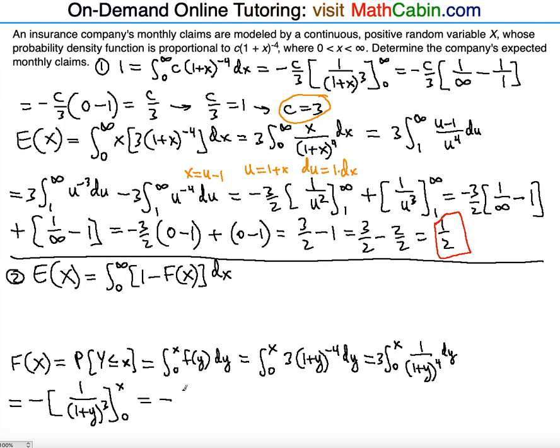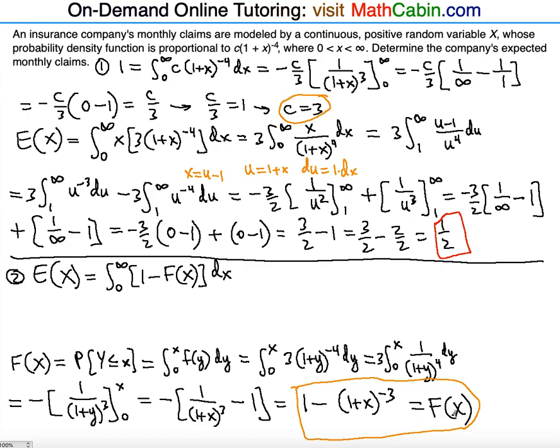This is 1 over (1 plus x) cubed, substituting y with x as I would normally, minus 1 over 0 plus 1, which is 1. So that's equal to 1 minus 1 over (1 plus x) to the 3rd. This is the cumulative distribution function of x that we just found.